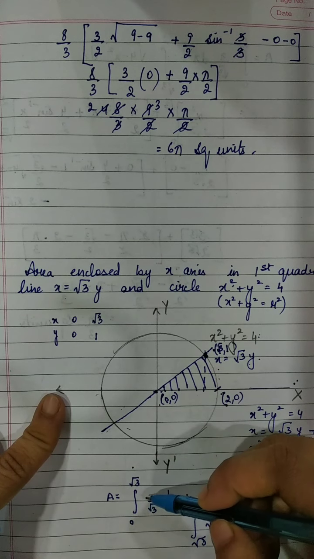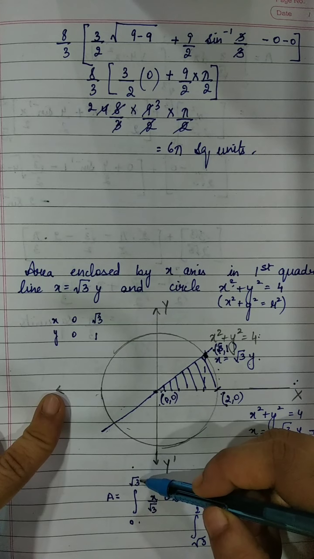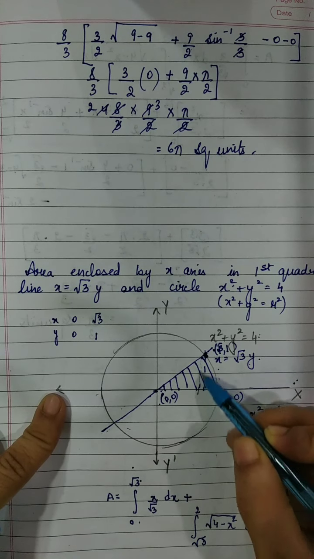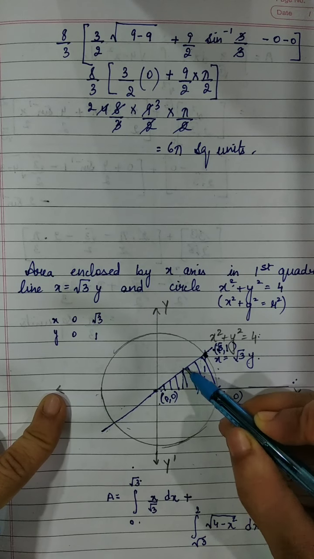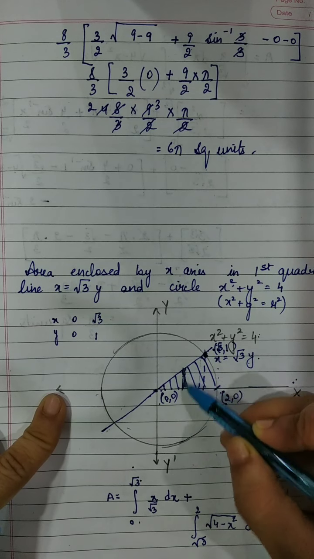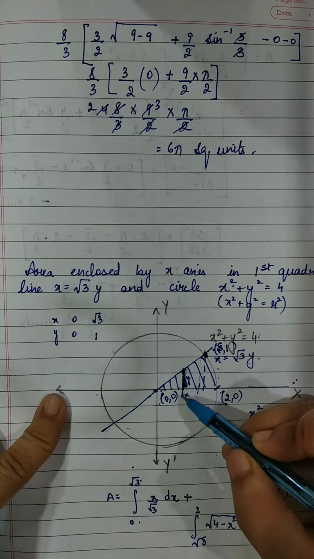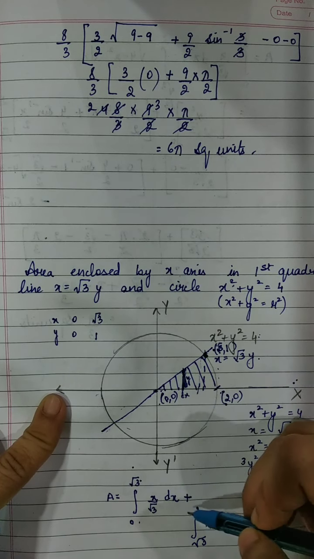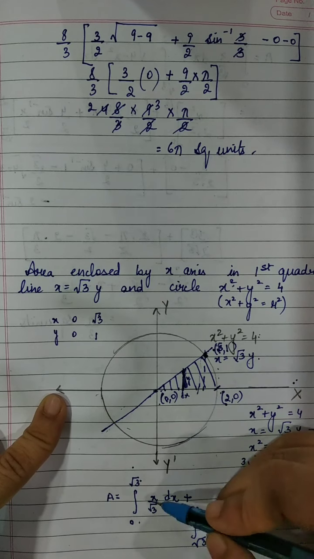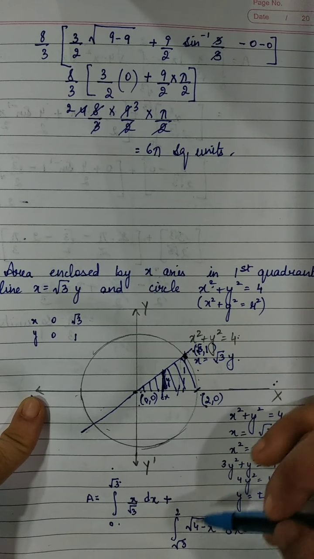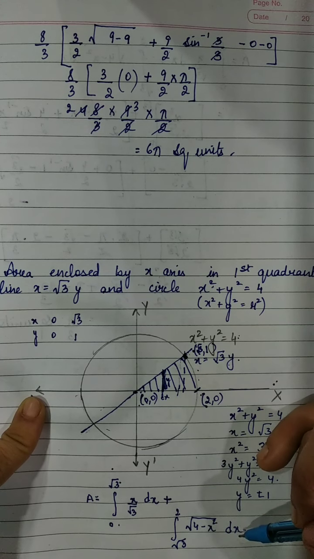So the area from 0 to root 3, taking this rectangular strip here with height y and width dx, for the line is y dx. What is y? y is x upon root 3, dx, right? And from root 3 to 2, I'll consider the area under the circle.